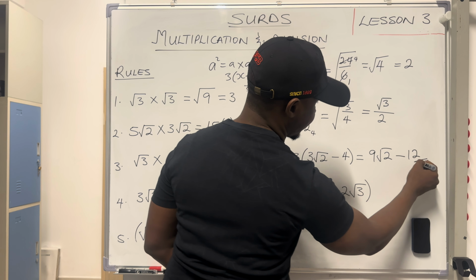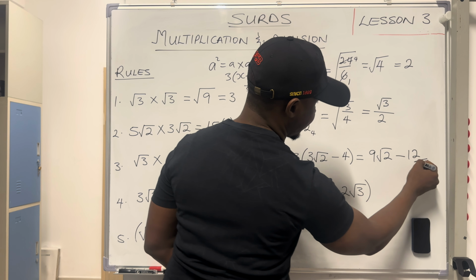Think of this as x. x times 2, 2x, plus root 3 times 2 root 3. A surd, a surd. Not a surd, not a surd. A non-surd multiplies a non-surd. A surd multiplies a surd. So 1 times 2 is 2. Root 3 times root 3. See it now?